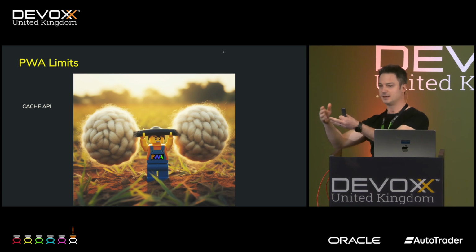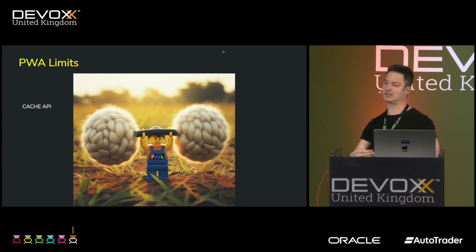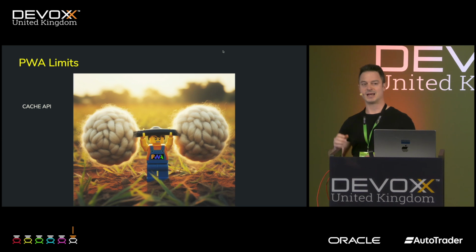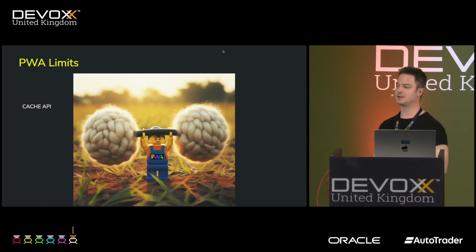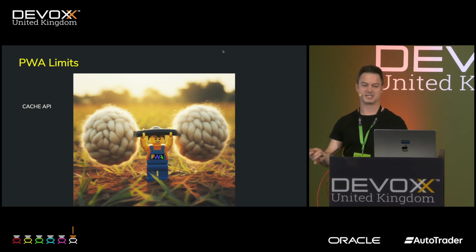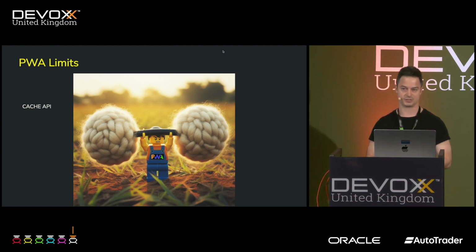The next time, the response can come straight from the cache. However, we cannot do POST and PUT verbs. This is because the Cache API does not allow them. This is, of course, a limitation that we can overcome thanks to another API that we will see in the next demo. So it's a kind of partial limitation.